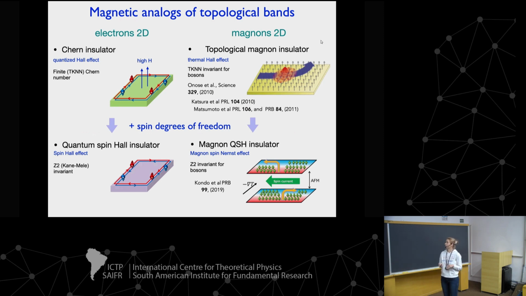The first proposal for magnon quantum spin Hall insulators came from Katsura-san's group, and they proposed a bilayer system in which the top and the bottom layer are polarized in opposite directions, and therefore a spin excitation in the top layer would be an up spin, and a spin excitation in the bottom layer would be a down spin. If these are antiferromagnetically coupled, then we have two types of spin excitations.